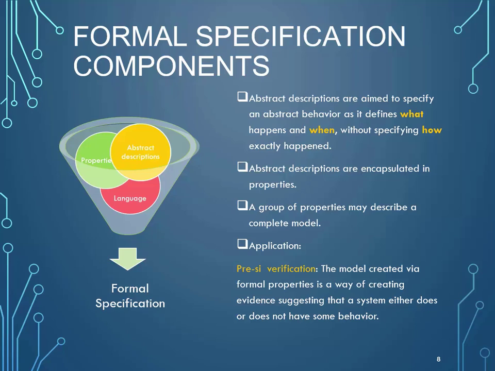So divide and conquer, remember. The application of formal specification, in our case, is silicon verification via formal properties. And again, keep in mind that it is creating evidence that the system exhibits certain behavior, that it is defined or not. So if it is written, it should be that way because we meant it.